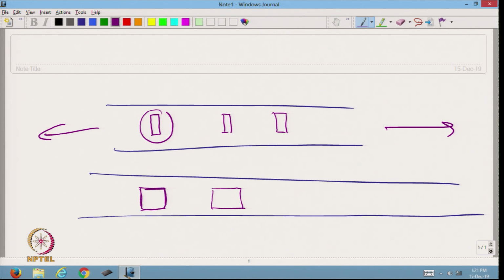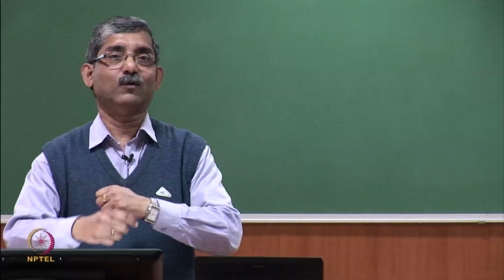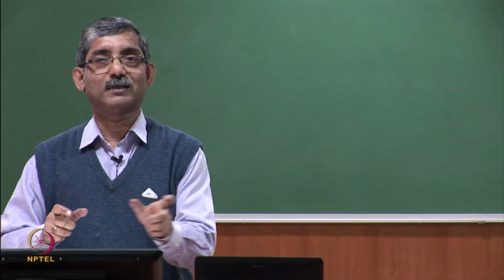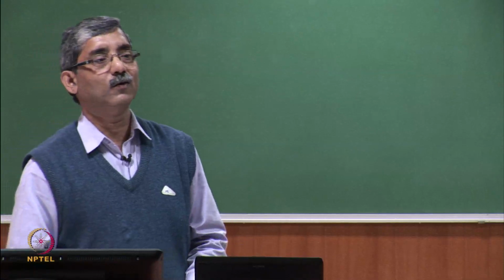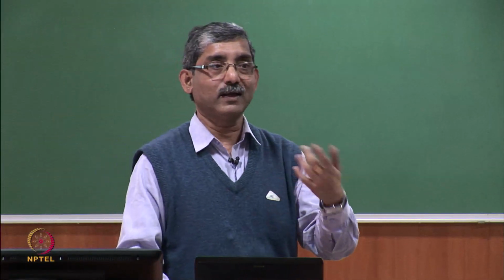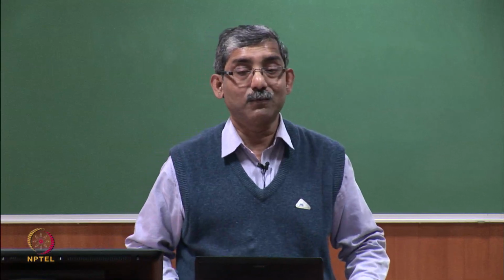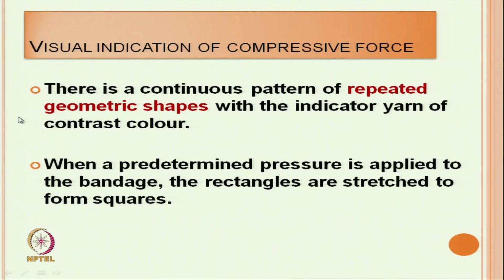So, we have to see whether the required shape has reached, and then we will know that it is applying the required pressure. So, when the predetermined pressure is applied to the bandage, the rectangles are stretched to form squares. So, this is one development available.